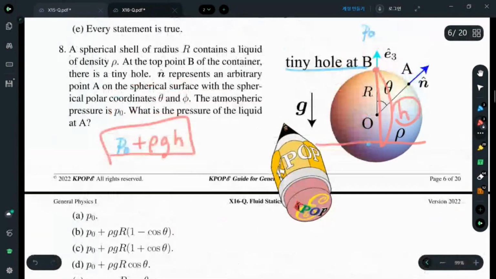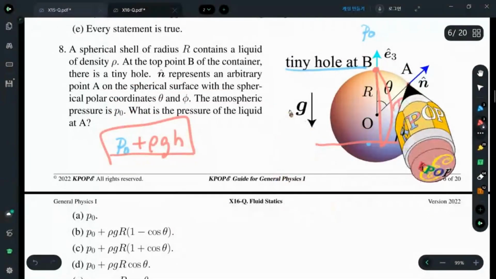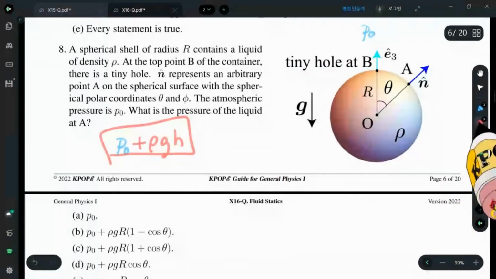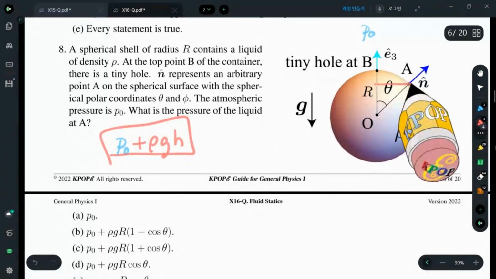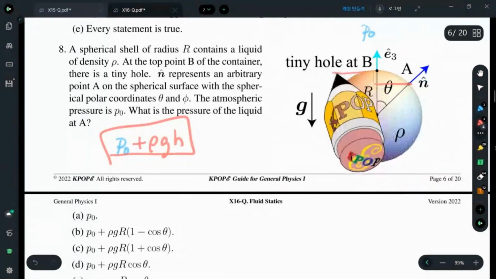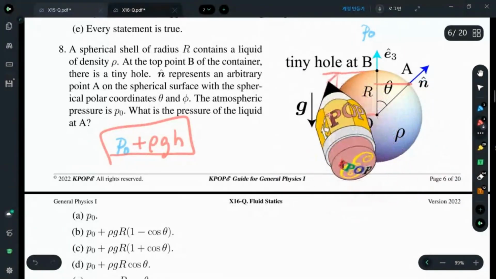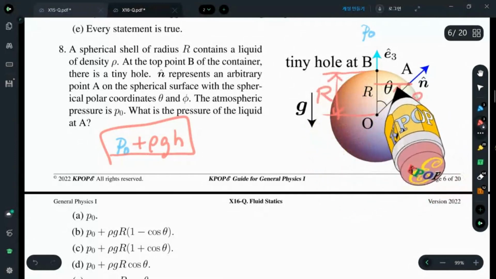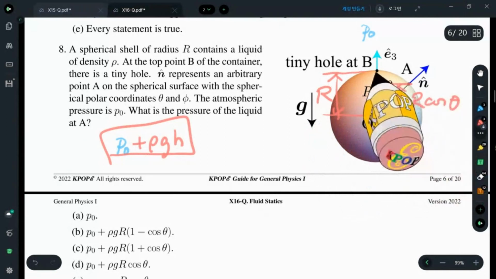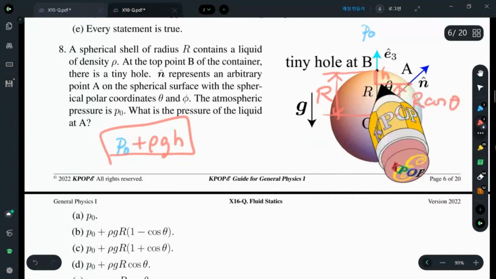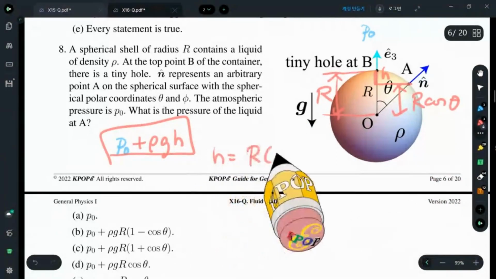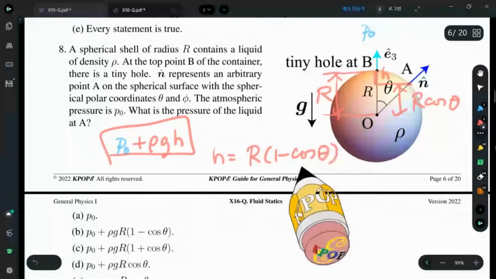And what is h at point A? Just trivial. This is r, and this is r cosine theta. So h in this problem is r times (1 minus cosine theta).